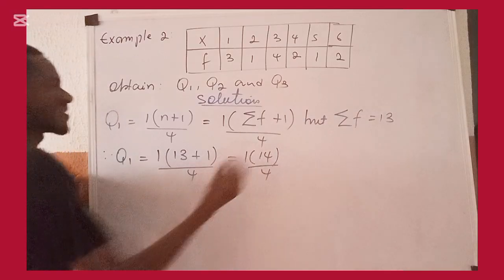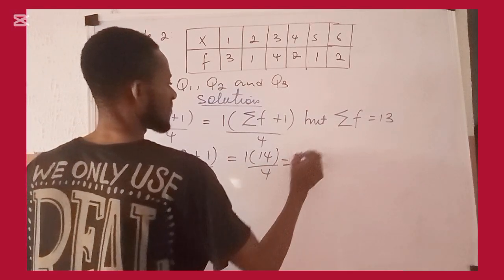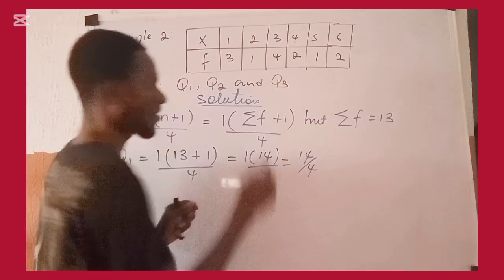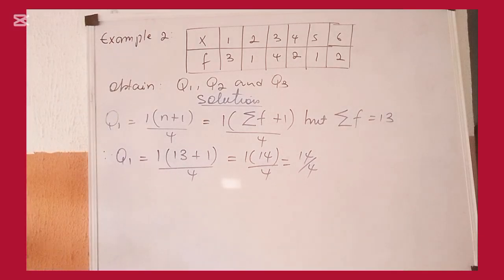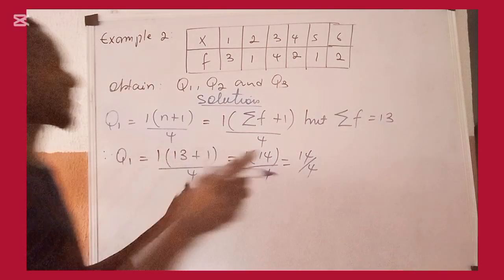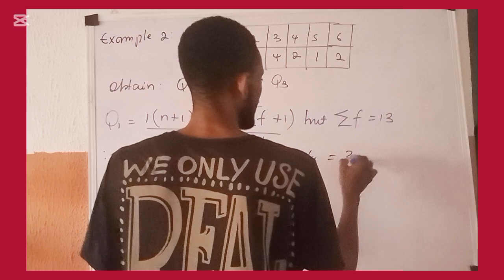And then 1 times this will equally give me 14 all over 4. 14 divided by 4 is 3.5.